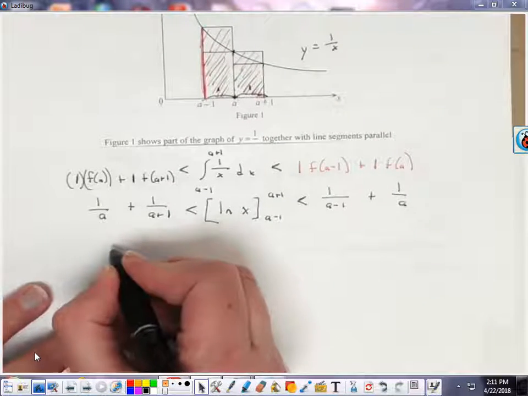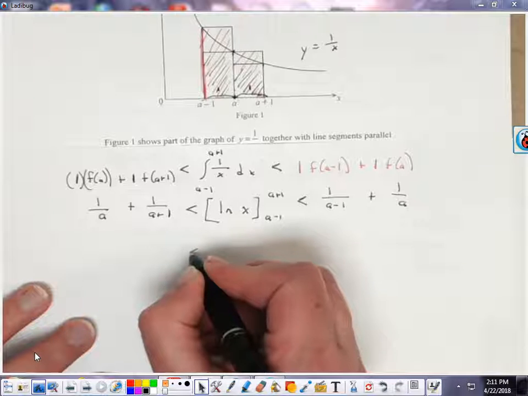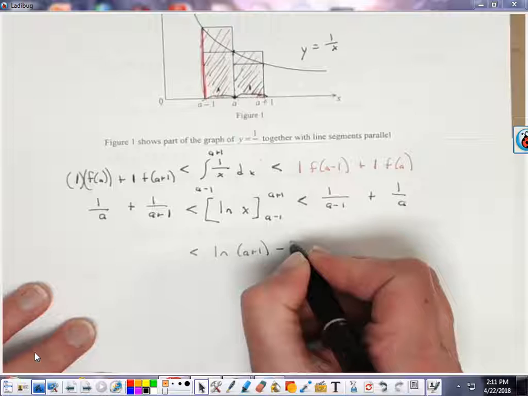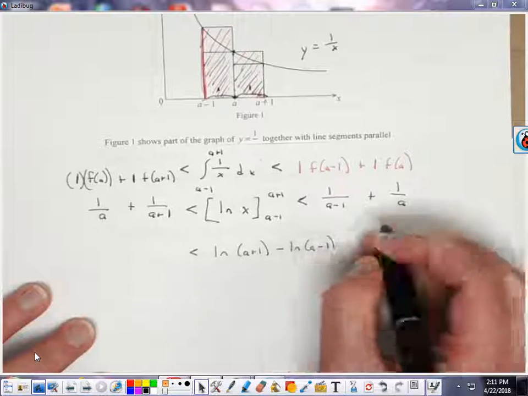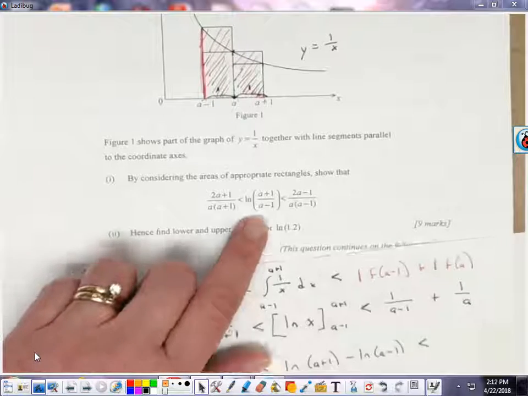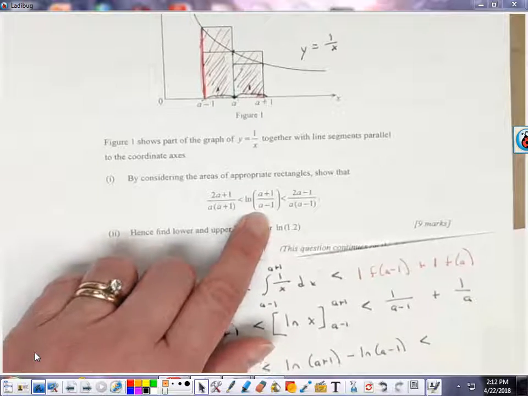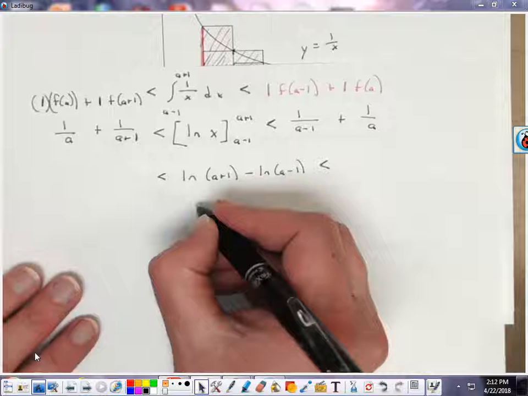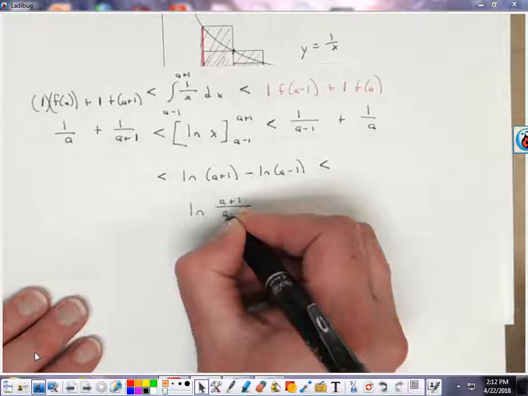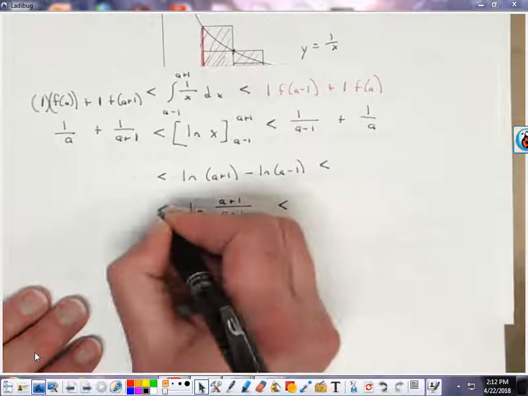So if I do that, it would be ln of a plus 1 minus ln of a minus 1. And since I look at what they want me to get, when we have subtraction of logs, that turns into division. That would be ln of a plus 1 over a minus 1.